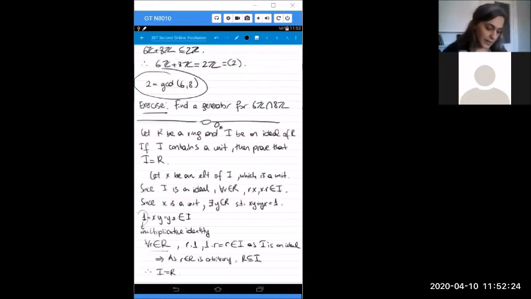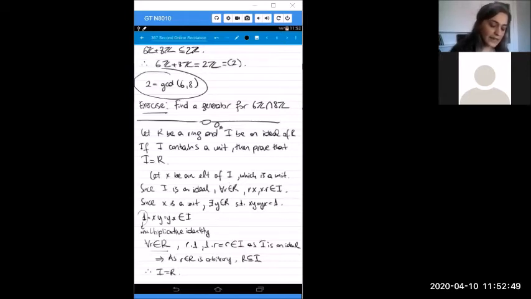Now let me repeat this one. If we have a ring R and a non-zero ideal of R, and this ideal contains a unit, meaning an element that has a multiplicative inverse, then our aim was to prove that this ideal has to be the whole ring.